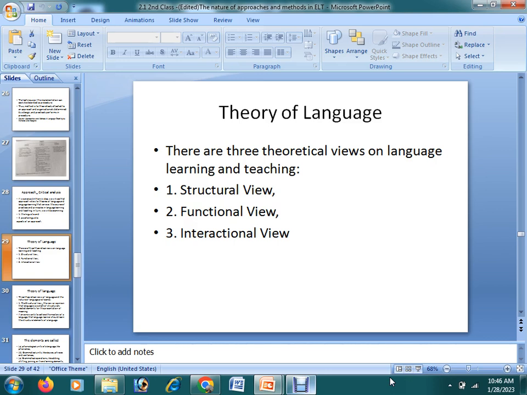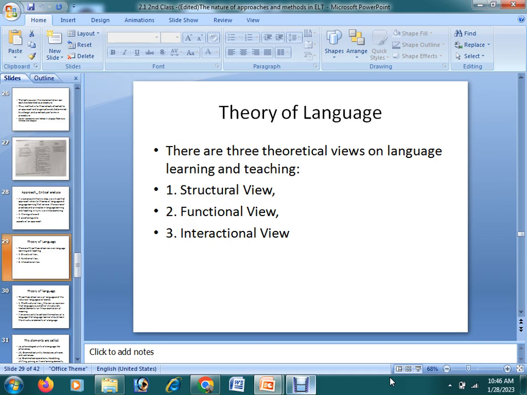But the interactional view was emphasized when the international communication, the international exchange between a person living in Bangladesh and a person living in America, increased. Many people, for many reasons, living in Bangladesh want to go to America, and simultaneously many people living in the USA want to come to Bangladesh. So the interactional view of language was exaggerated.